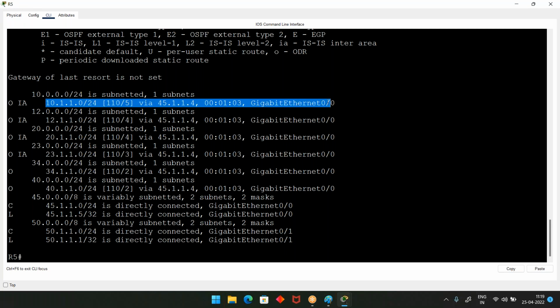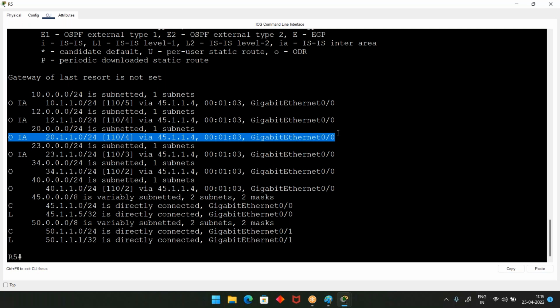Yes. In R5 I can also check 20.1.1.0. Can I see this network information in the R5 routing table? Of course, I can check this.